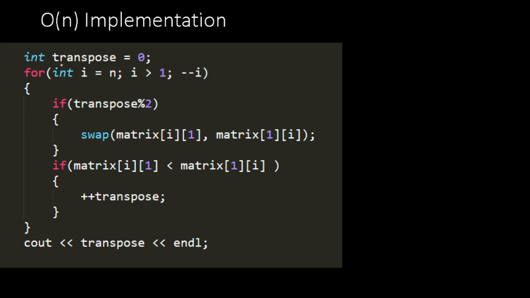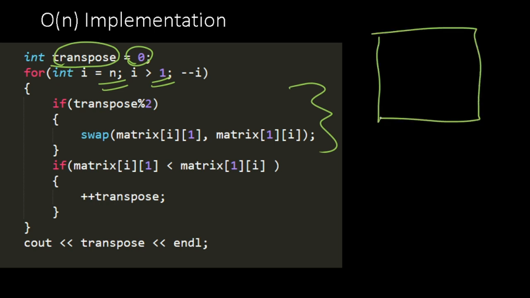From a code perspective, we initialize our transpositions to 0 and we will work our way backwards. Okay, now this is a key step. We are not actually doing transpositions, correct? We are trying to avoid simulating things. So what are we doing here?